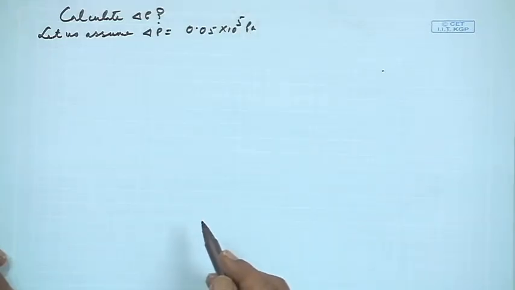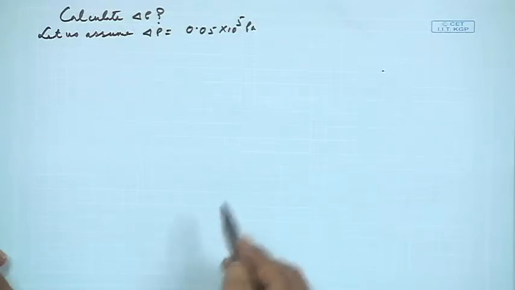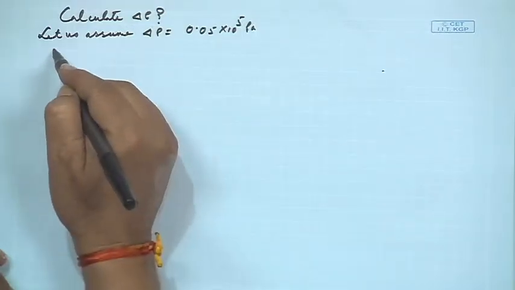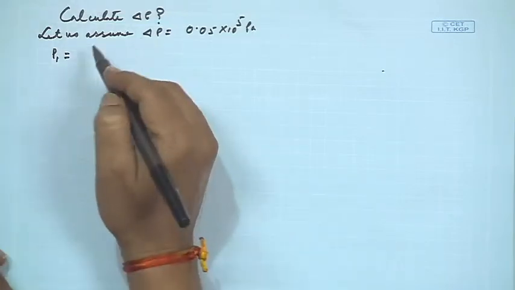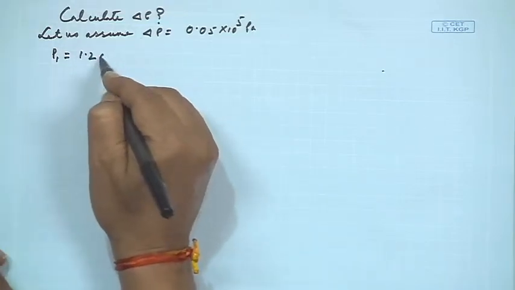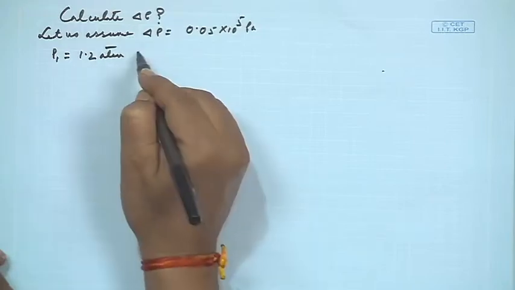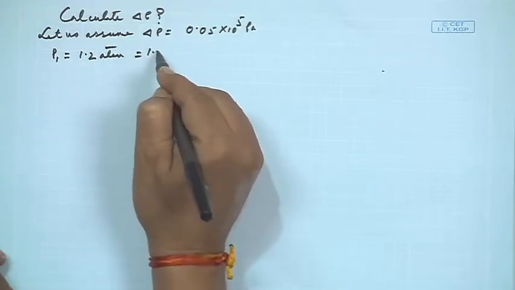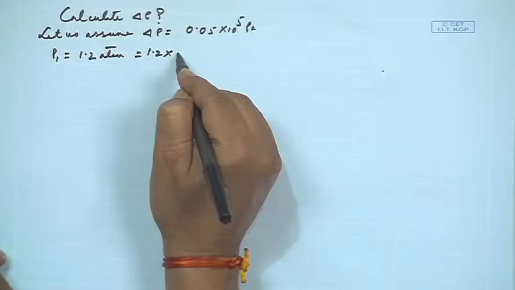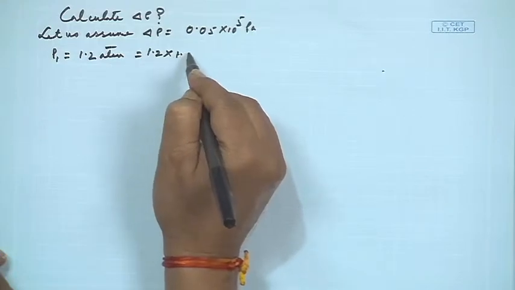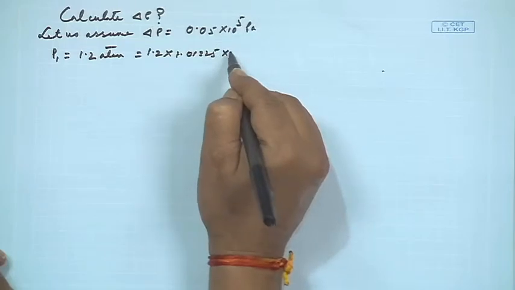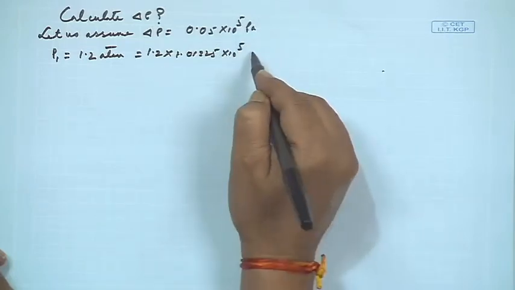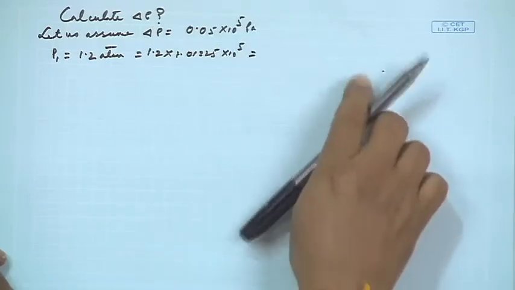We have already been given P1 equal to 1.2 atmosphere. So this is equal to 1.2 into 1.01325 into 10 to the power 5, which is equal to how much?